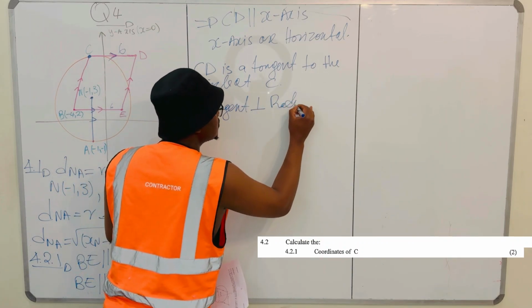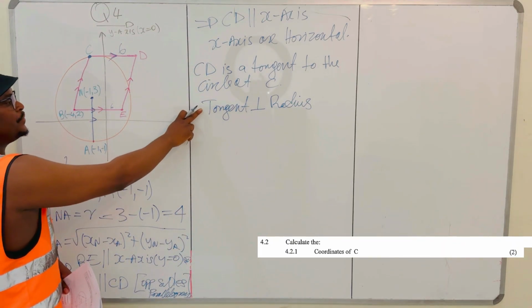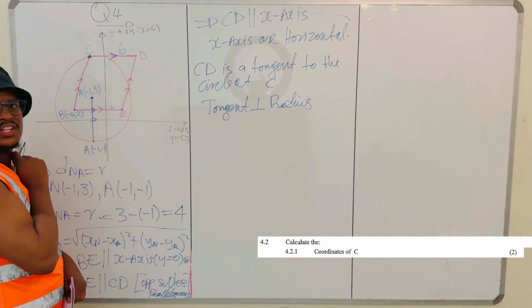To the radius of a circle. The tangent line is perpendicular to the radius.